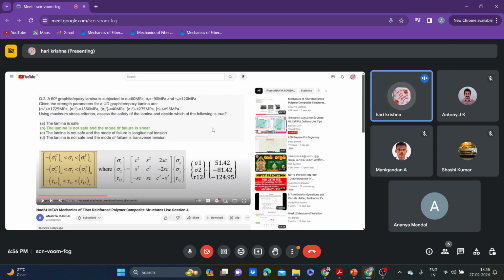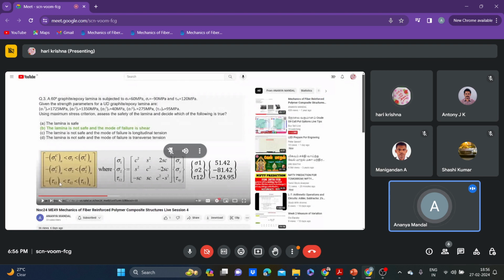Okay, as you said, if the value is outside the limit, then it comes under transverse failure. I understand this, ma'am. You understood the range within which the value should stay. So if it is not in that range, then that will be failure. Yeah, ma'am. And what about question number 4?